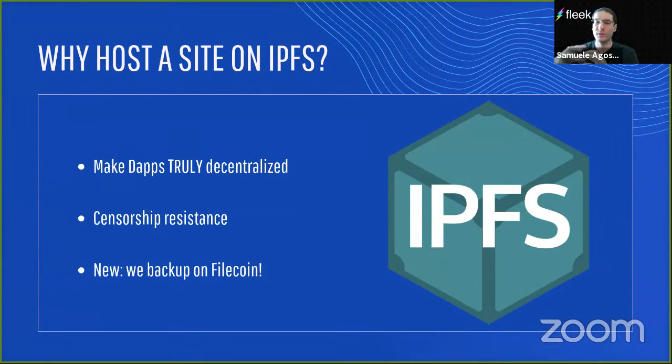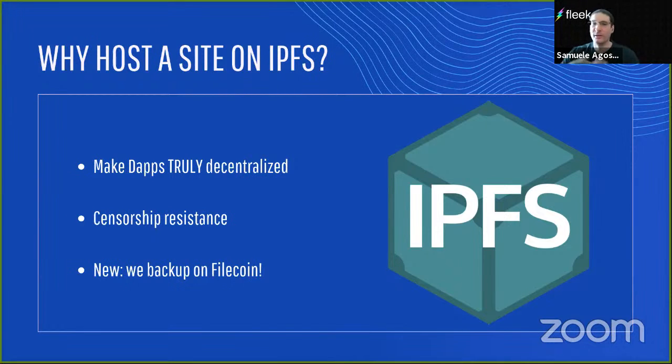But the front end itself, if you host it on AWS or Google Cloud, is not really decentralized because you're using a centralized server to serve your front end. So the advantage of hosting your site on IPFS is that you're actually using a Web3 decentralized protocol.